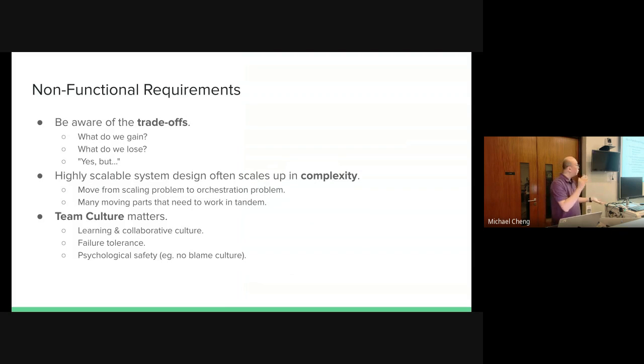So whichever solution you pick later on, or when you're doing a case study, talk about the trade-offs. What do we gain from using this solution? What do we lose from using this solution? There's always that 'yes, it's good, but' thing, right? It's important to understand this because your team needs to know the trade-offs, then you can make an informed decision on which options you should choose.